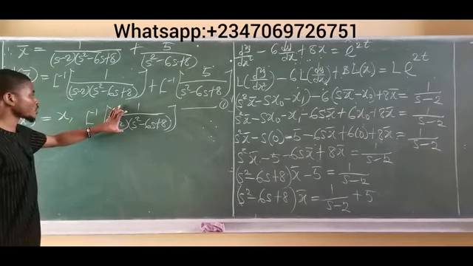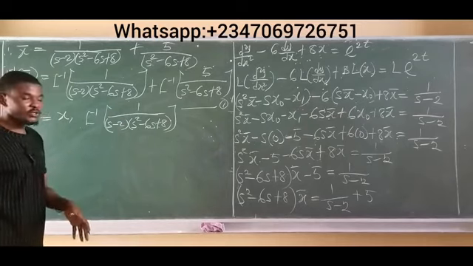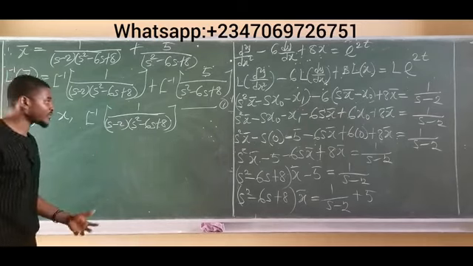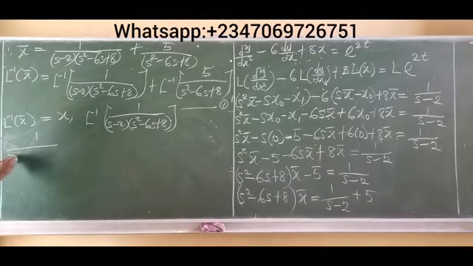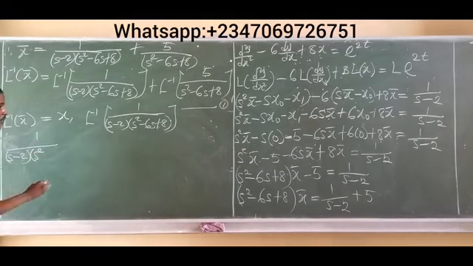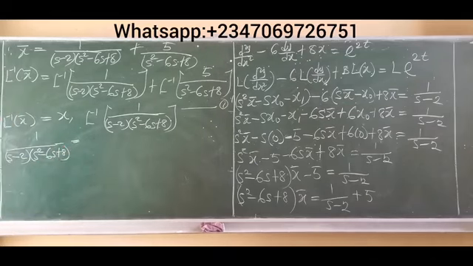Break this function using partial fraction into two simple fractions, then we can find their Laplace inverse. Therefore, 1 all over s minus 2 into x squared minus 6s plus 8 is now equal to, so we simply break this using partial fraction.